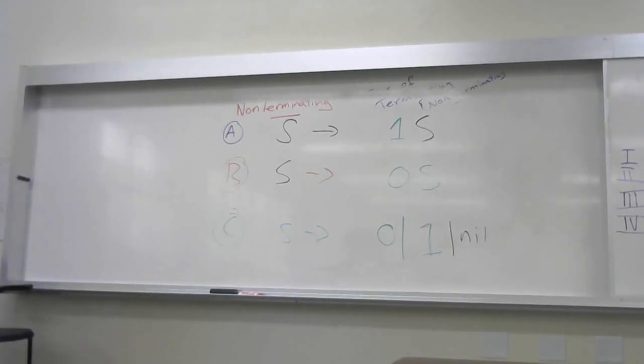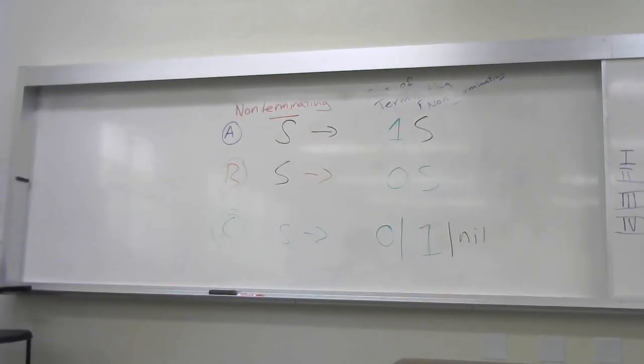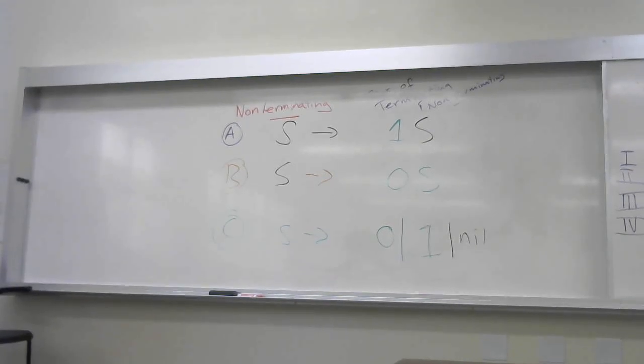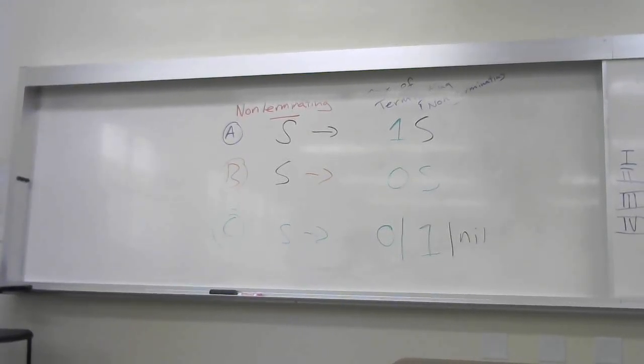Or we could do S 1 S 1 S 0 S 1 S 1. Those are 2 different trees generating the same sentence.